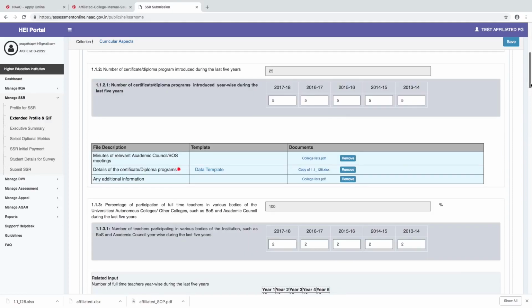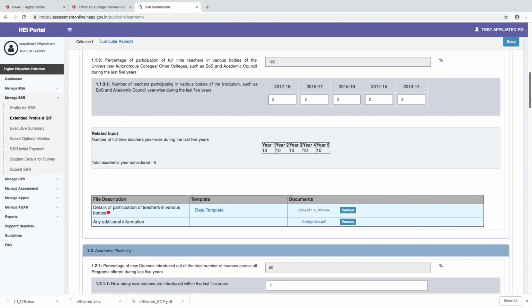QnM are quantitative metrics. Now, there are several types of QnM that we have here. In this particular QnM, percentage of full-time teachers in various bodies of the universities, autonomous colleges and other institutions such as BOS, academic council, etc. during the last 5 years, it seeks the data year-wise during the last 5 years, and hence there is a year-wise breakup of the data that is being sought.